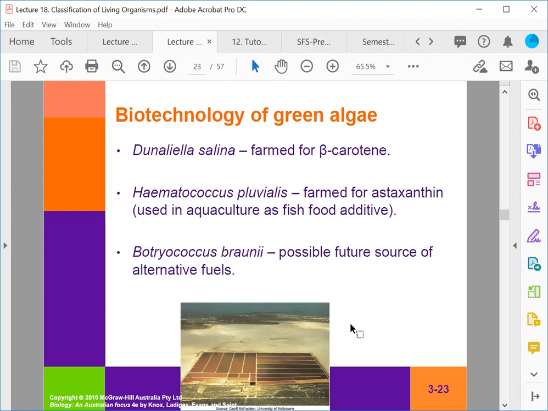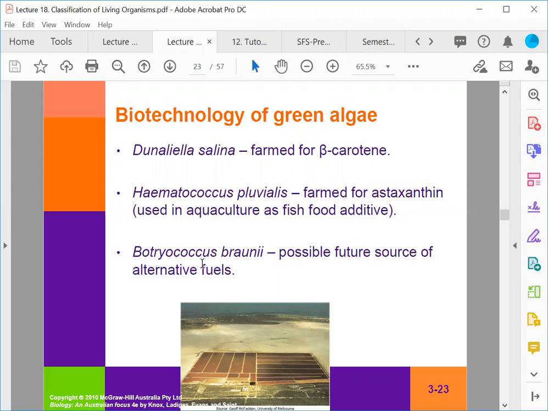And this is where they farm Dunaliella. So if you expose Dunaliella salina to very high salinity and very intense sunlight, then it produces lots and lots of beta-carotene.